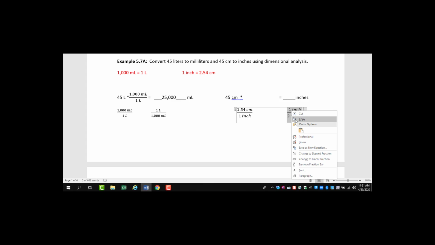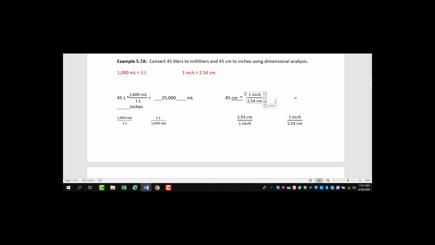If you thought about it, I'm going to use this one. Why? Because the centimeters will cancel. That centimeter and that centimeter cancel, just like we did with fractions.